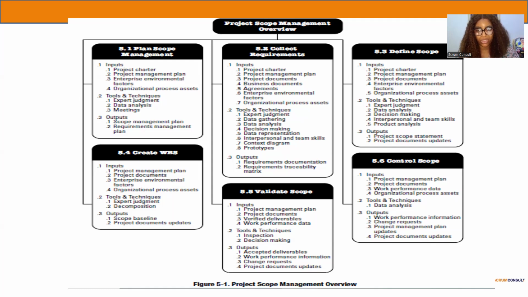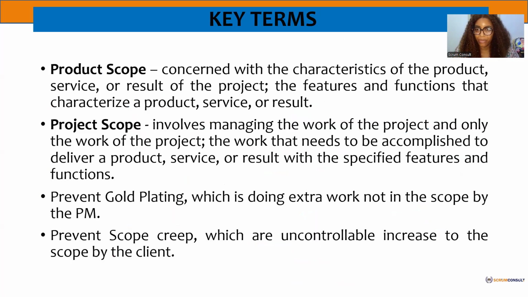Now, when we are talking about the project, it has to do with the short term. It has to do with the activities needed to create the product. And as such, this is where most project managers make mistakes. Ordinarily, in the project environment, you should have a skill set like the business analyst who is also involved in understanding the need of the customer and coming up with products that can meet that need.